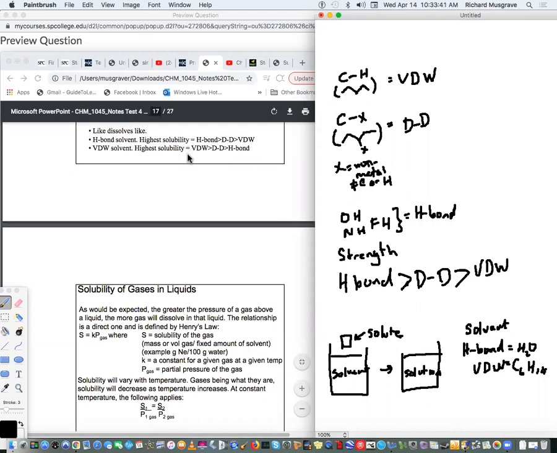An example of that: has anybody ever messed with a 2-stroke engine? Anybody ever done anything with 2-stroke engines? Yeah. Who's that? Coden? Okay. Coden, tell me what kind of fuel mix you have to use for a 2-stroke engine. It's oil and gas. Why is that? Because it doesn't create its own lubricant.